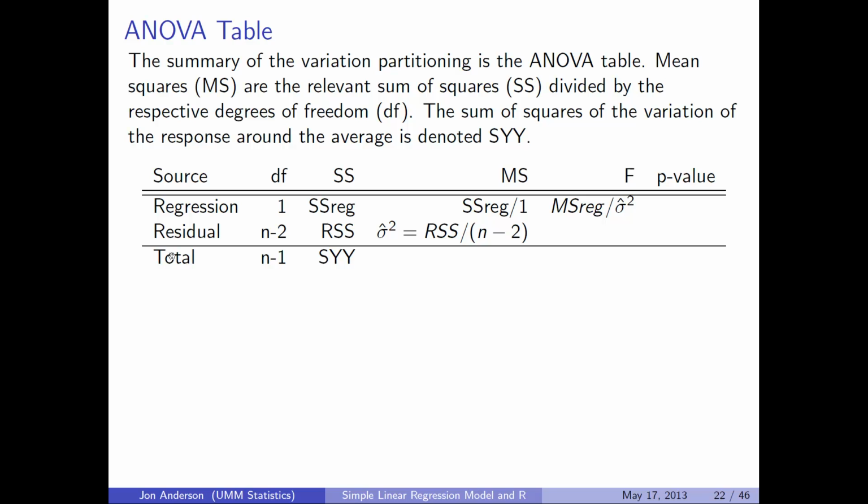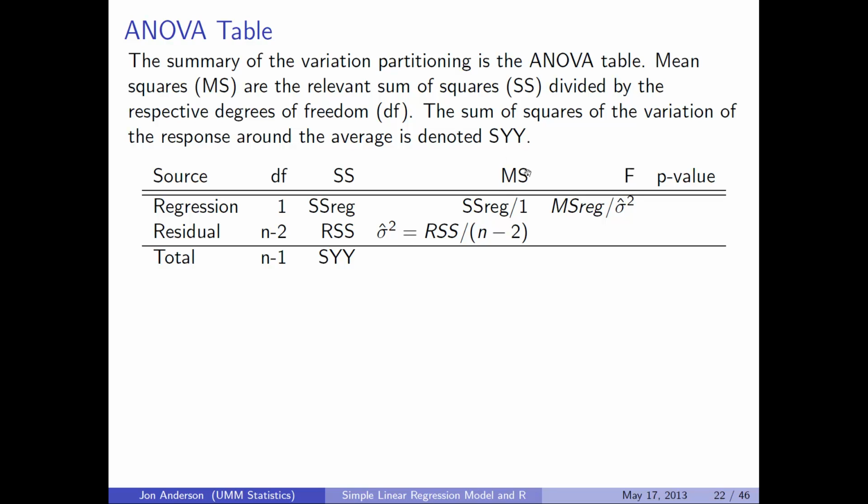ANOVA tables are always formed by a first column being source, a second column called degrees of freedom, which tells you basically the dimension or the size of this particular component in terms of its dimensionality. And then we have an SS, or sum of squares component, of how big the variation is. And then we always have a mean square column denoted MS, and that is always the respective sum of squares divided by the degrees of freedom.